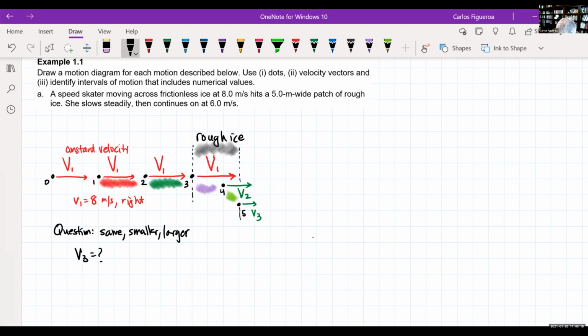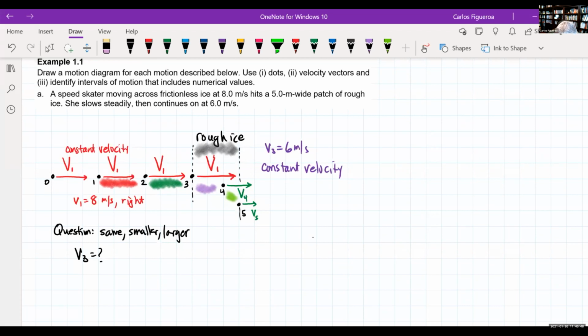So that means in here, what I'm going to have is constant velocity. How fast am I moving at constant velocity? Well, now it's going to be V3, which is then going to be 6. You know what? I made some mistakes here. Look what I should have called that point 4. I should have called it V4. This one should have been V5.